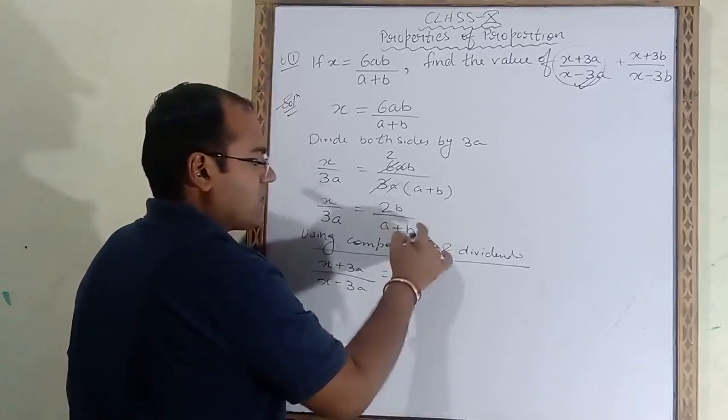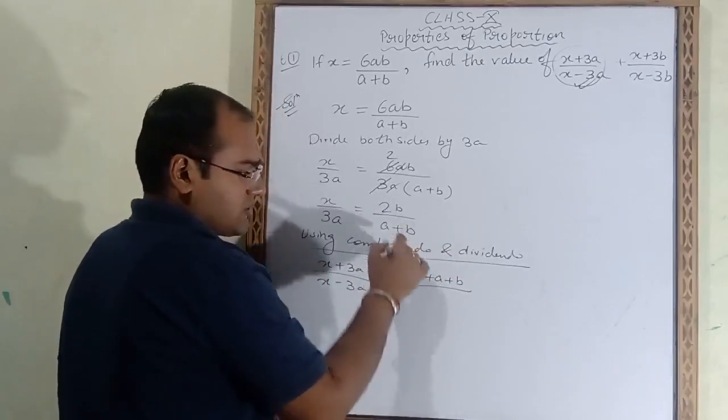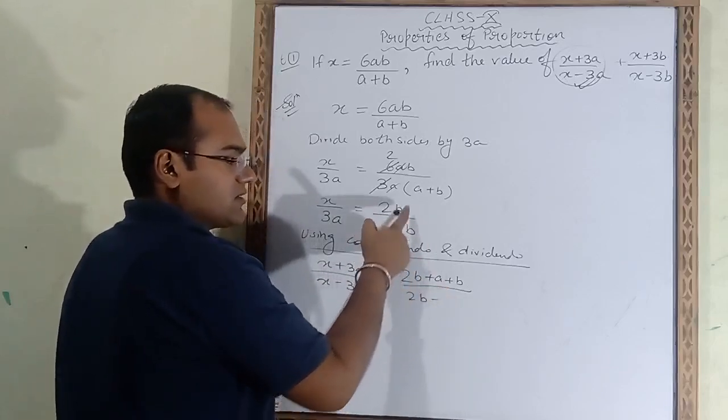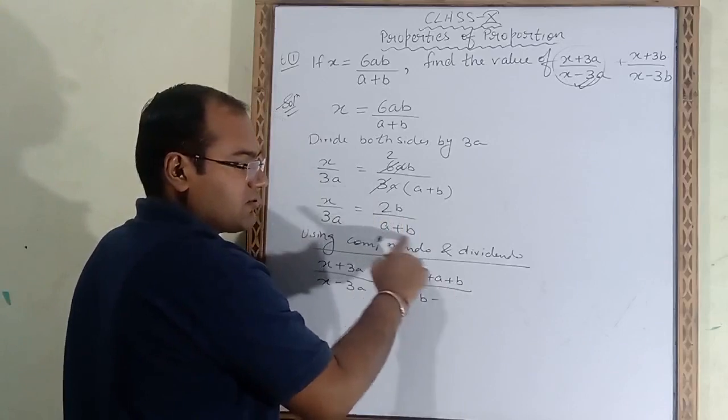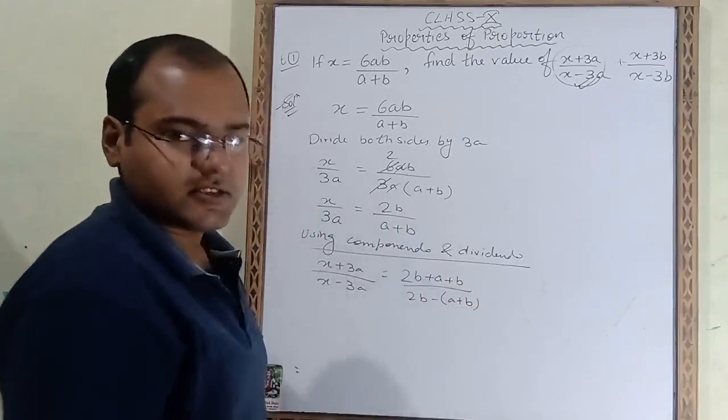In the numerator we have to add, and in the denominator we have to subtract: 2b minus this term. Two terms are coming, so we have to take them in a bracket in order to change the sign.